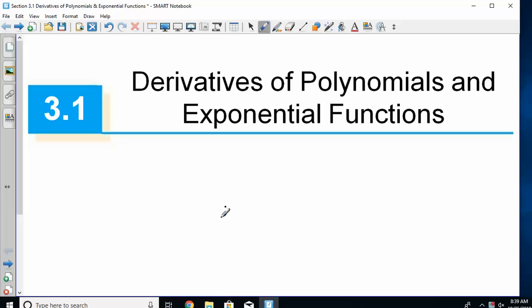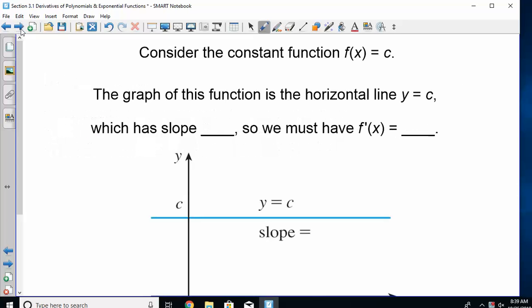We're going to start out trying to maybe prove what some of these things are, and then seeing if we can derive rules from there. So let's say you just have a constant. F of x equals some number. Okay, we know if we graph y equals 4, it's just a horizontal line. What's the slope of a horizontal line?